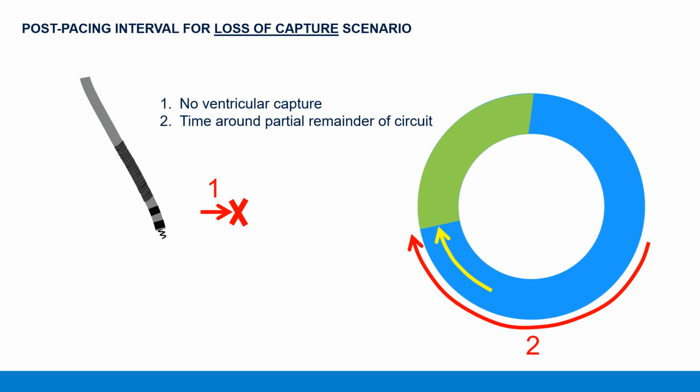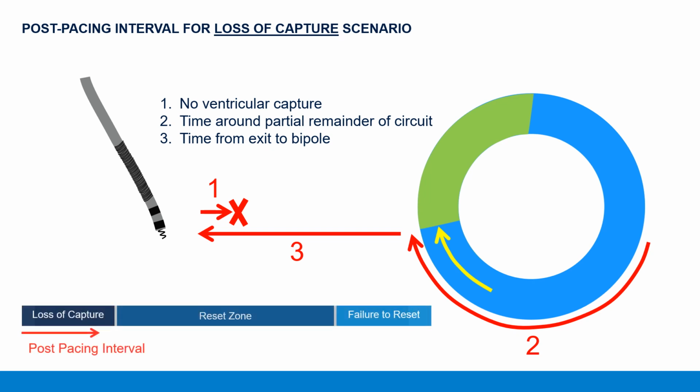And the exit, of course, is available because we hadn't depolarized tissue between the lead and the circuit, and so that wavefront will propagate back to the lead to be sensed by the device. And here we're going to have a short post-pacing interval that falls in this loss of capture zone on our yardstick, because we didn't even have a full revolution of the VT, and it was able to immediately exit and get back to our lead after that last pacing pulse failed to capture altogether.